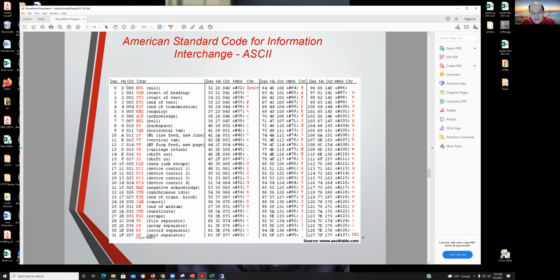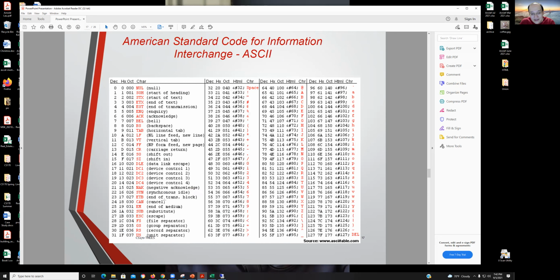On this table, it shows the OCT, which is base 8. You don't have to worry about that. All you care about in this class will be decimal, hex, and binary, of course. So basically this is a mapping, and what it's mapped to is one of these codes here.